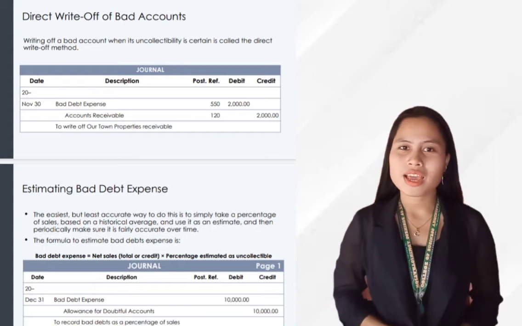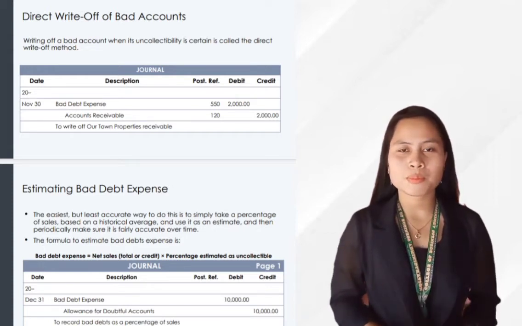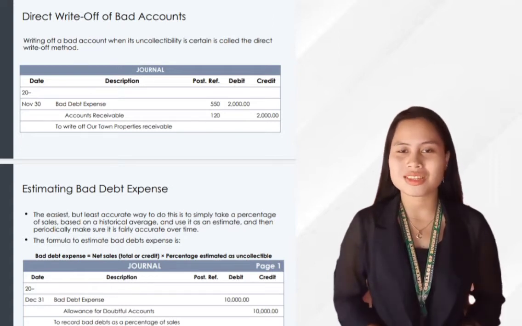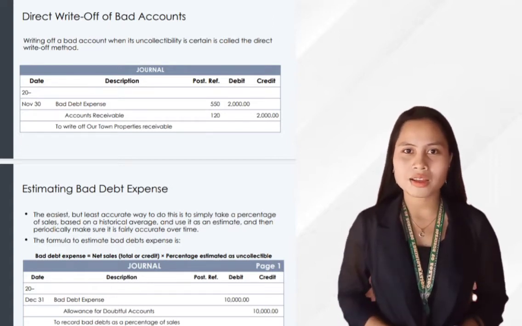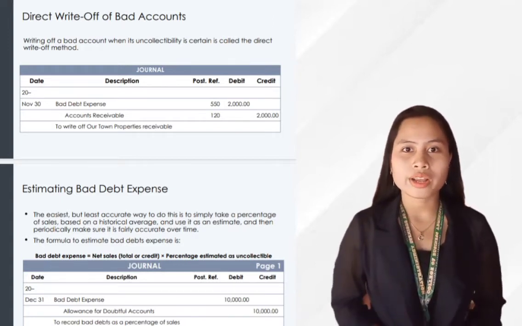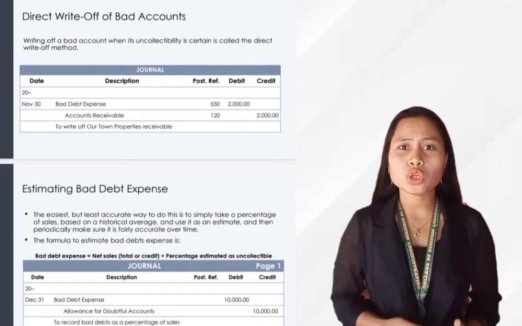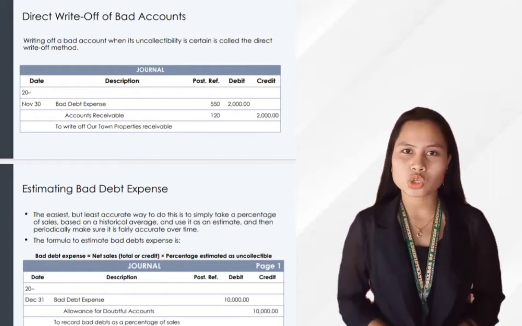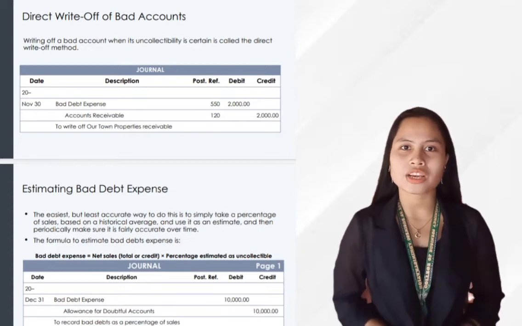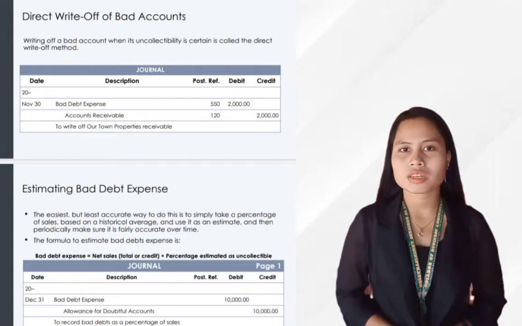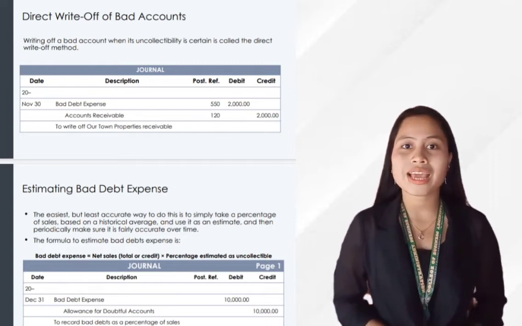So, when you say estimating bad debt expenses, the easiest but less accurate way to do this, to simplify, is to take a percentage of sales based on historical average and use it as the estimate, and periodically make sure it is fairly accurate over time. So accurate measurement means the exact.